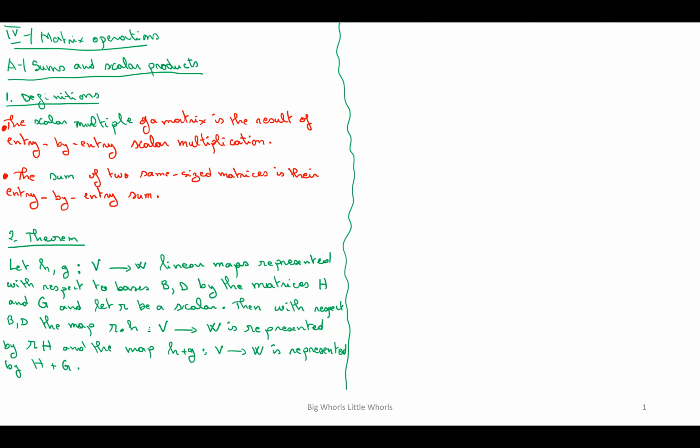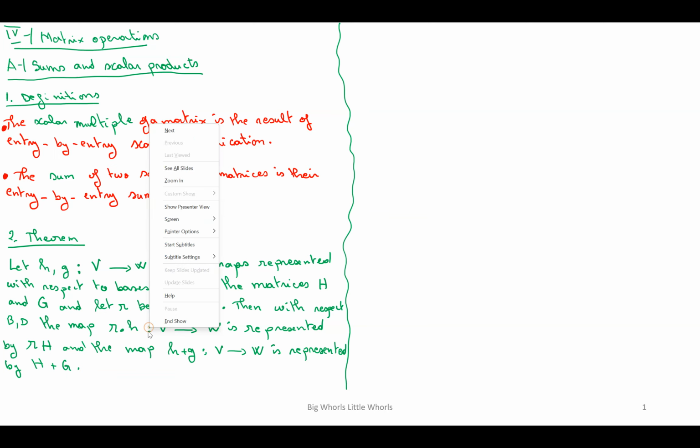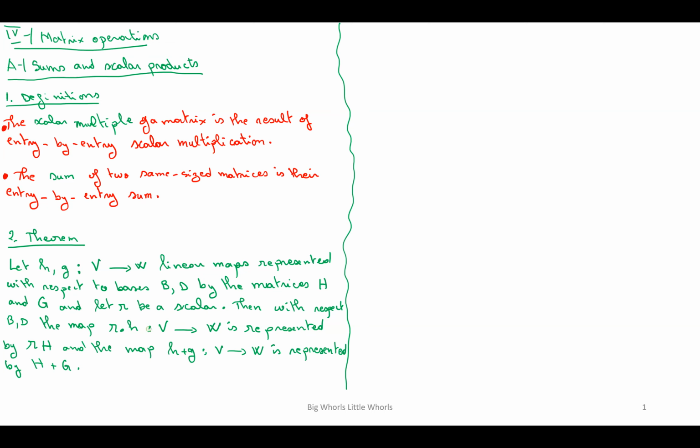So this is actually very intuitive. If we have a map H and we want to find another map defined by a scalar multiplied by that map H, then the representation of the new map RH is the same as that scalar R multiplied by the matrix representation of H, big H, so it's RH.